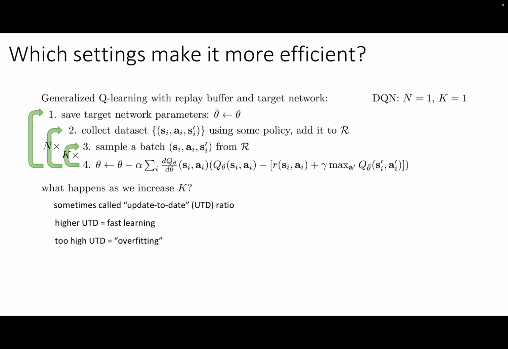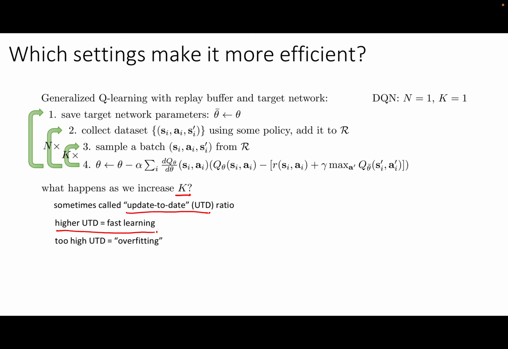And as I introduced, K is often called the update-to-data ratio, UTD ratio. So we will study how K affects the training schedule. Higher UTD makes training faster, of course, right? If we increase K, then we give more chances to update our Q learning network theta.